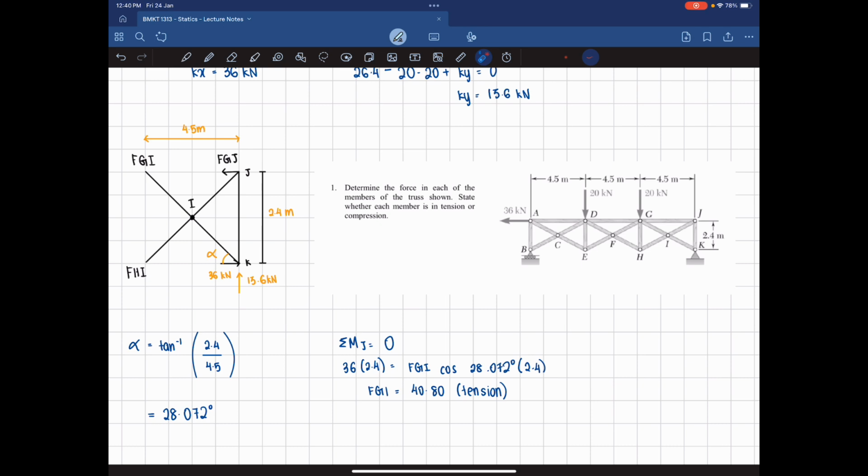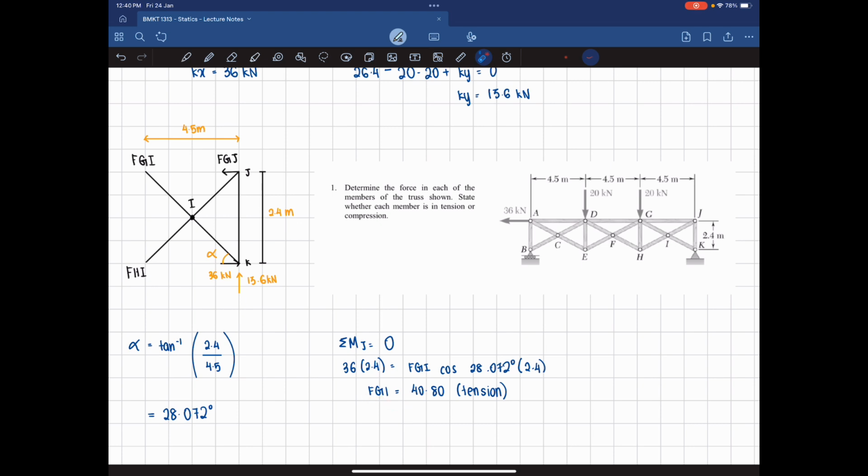Next, we find the summation of moment at J, which is 13 times 36 times 2.4 equal to FGI cos 28.072 times 2.4, and we get FGI is 14.80.